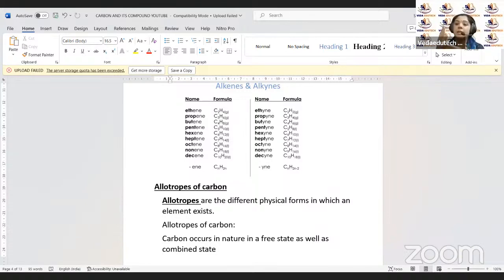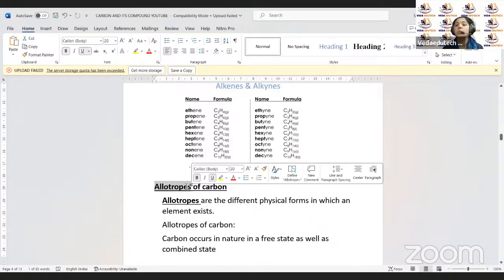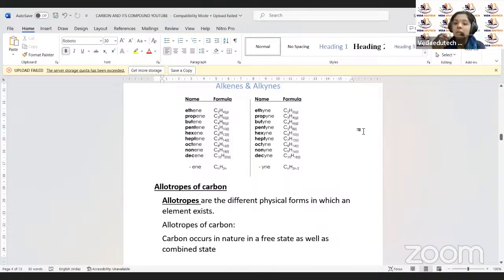Now, what do we mean by allotropes? Allotropes are the different physical forms in which an element exists.